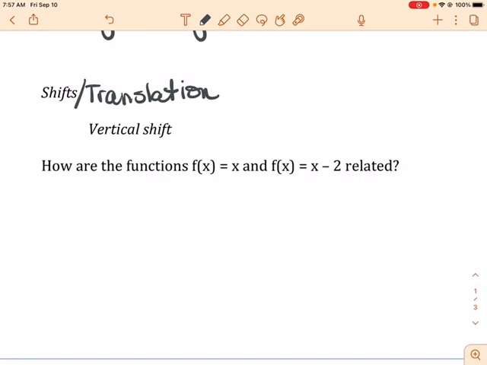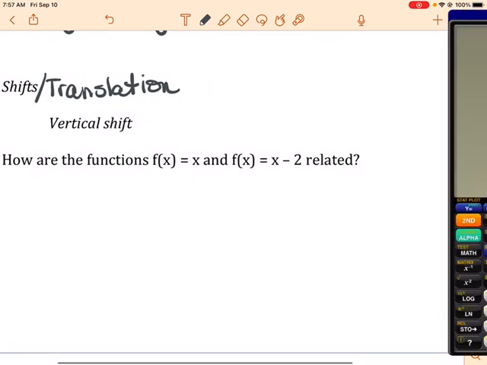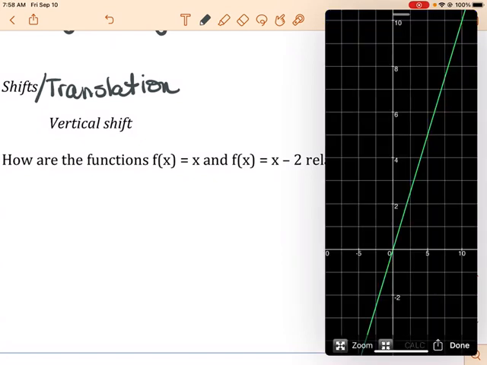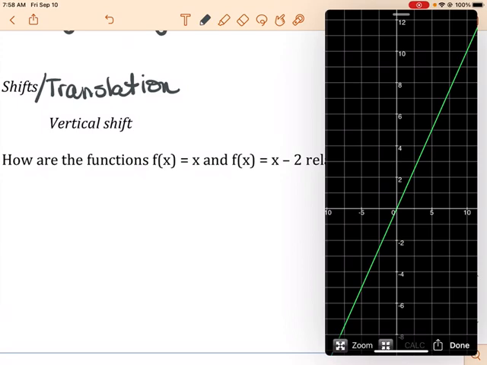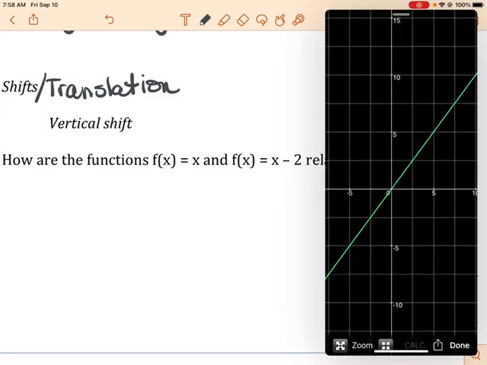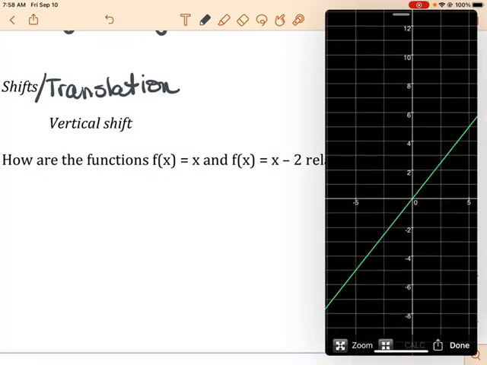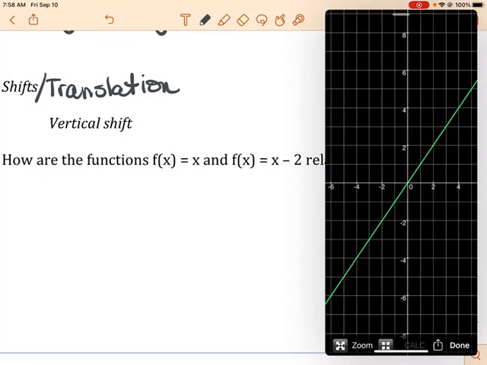Let's just start out by looking at it visually. How are the functions f of x and f of x minus 2 related? I'm going to go in my calculator here and put in y equals x. There's our graph. We can see it's a nice slope of 1. That's a better picture.